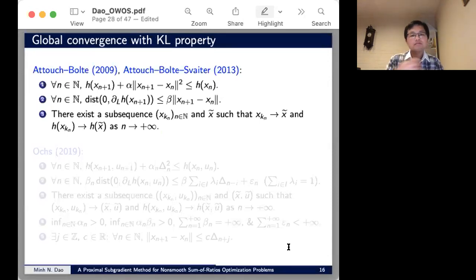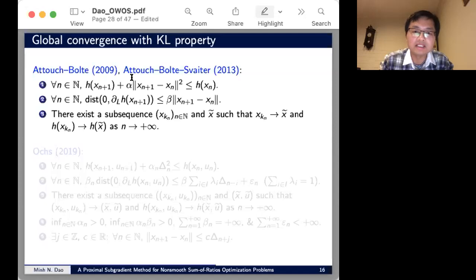Now, if you have a descent method, then to obtain global convergence, we can use a framework proposed by Attouch, Bolte, and Svaiter. There are three key components for this.